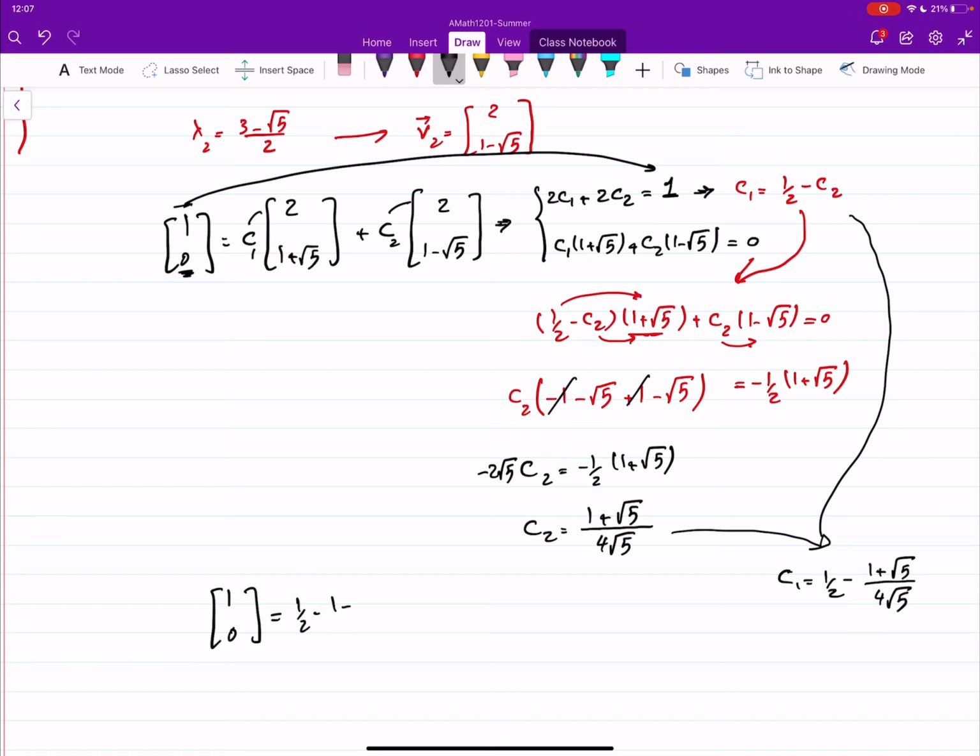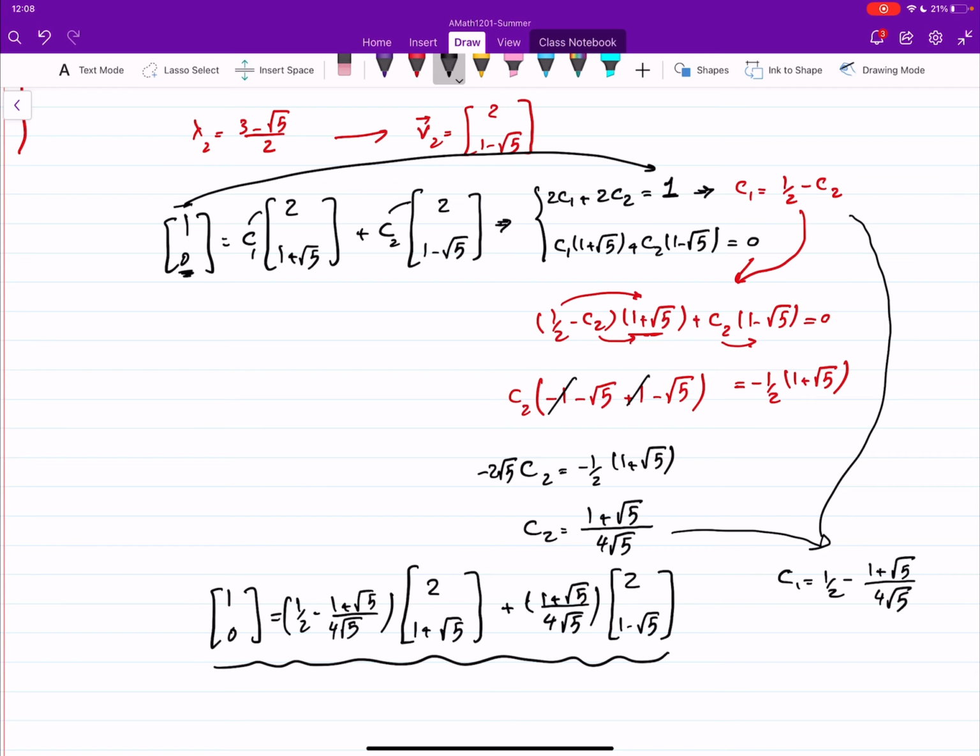So then, I won't simplify. You can simplify that, but I will leave it like that. So that's C1 times (2, 1 plus root 5), plus C2, which is (1 plus root 5) over 4 root 5, multiplied by (2, 1 minus root 5).